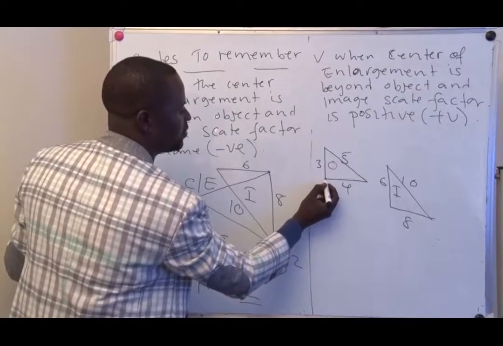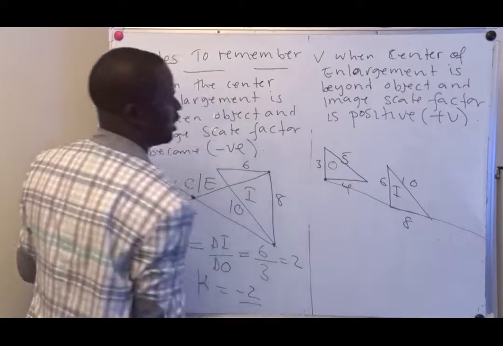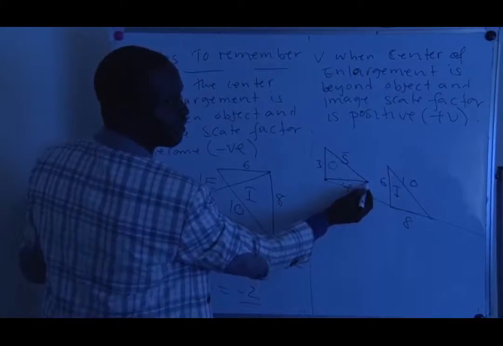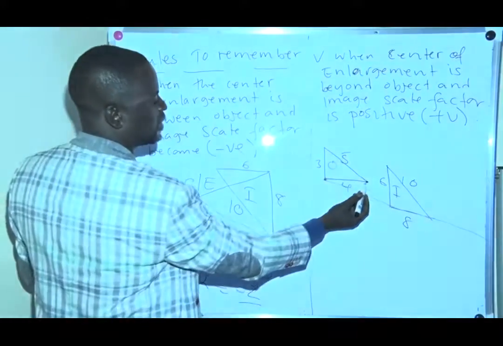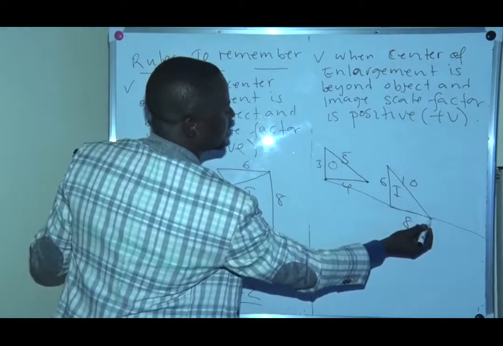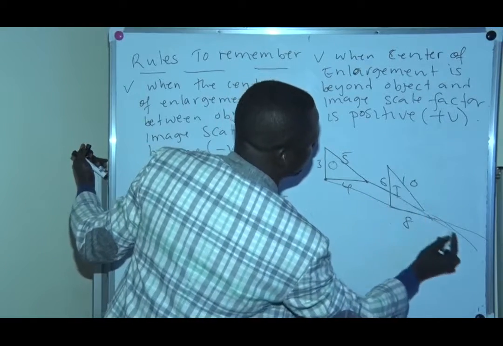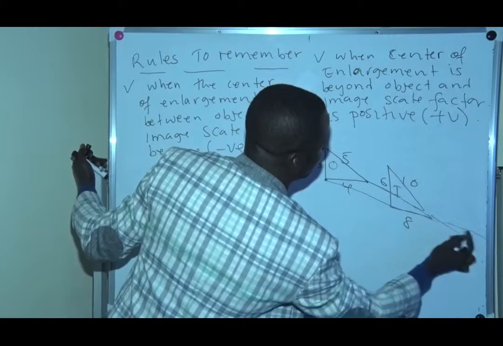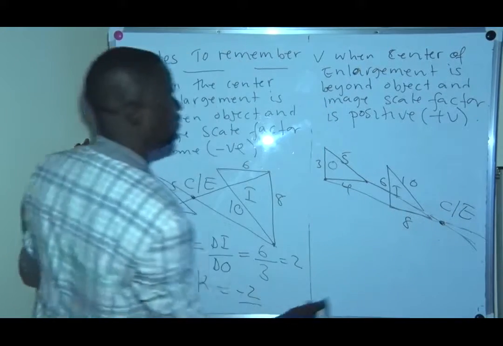So this point of the object corresponds to that point of the image. You join with a ruler, and also this point here corresponds to that point here. So you join. They are meeting somewhere there. So where they are meeting, that is the center of enlargement.